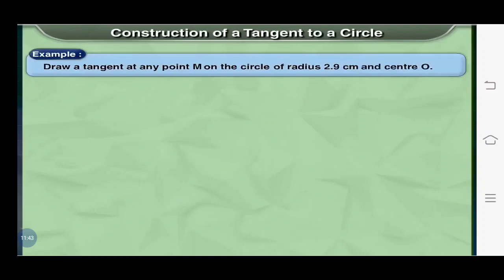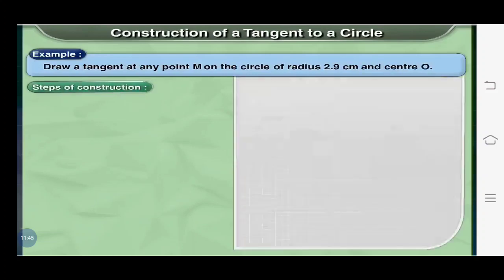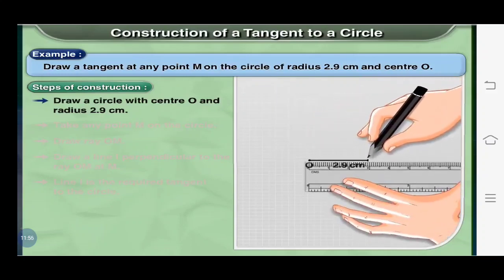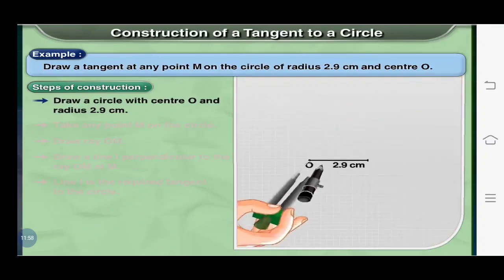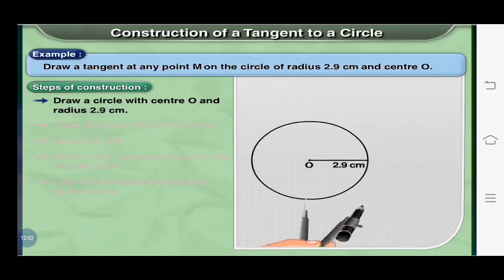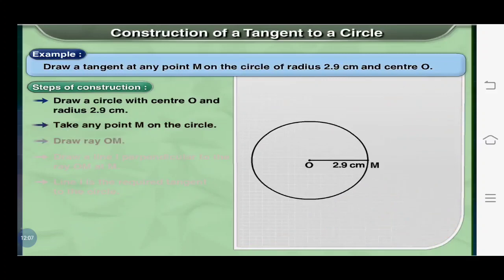Draw a tangent at any point M on the circle of radius 2.9 centimeters and center O. Steps for construction. Draw a circle with center O and radius 2.9 centimeters. Take any point M on the circle. Draw ray OM.